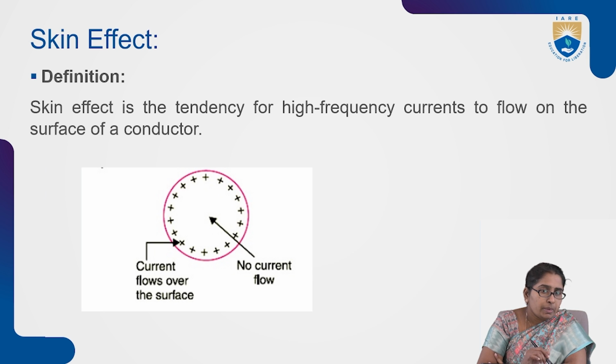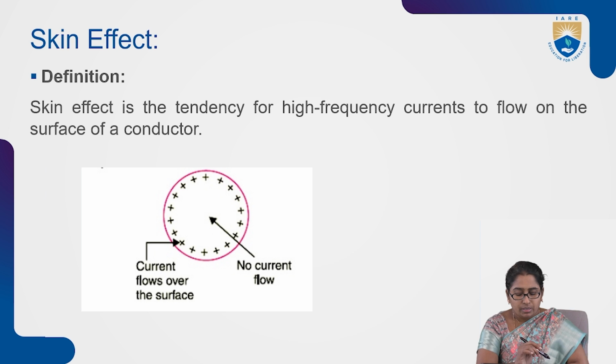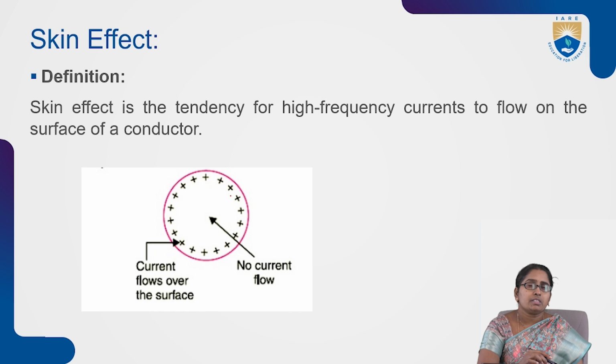That means the distribution of the current is non-uniform when AC current is flowing through the conductor. So this is what we can see here in the picture. If we take a conductor like this, when AC current is flowing, the majority of it is available only at the surface, no current at the center. So this effect is called skin effect.